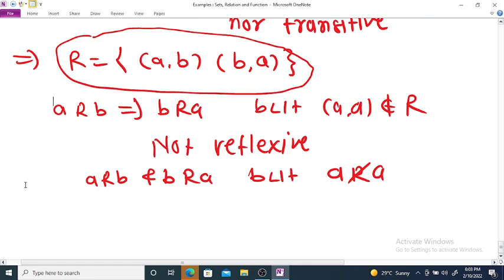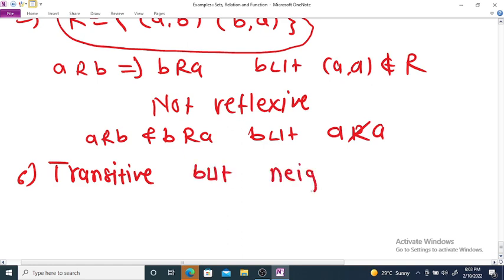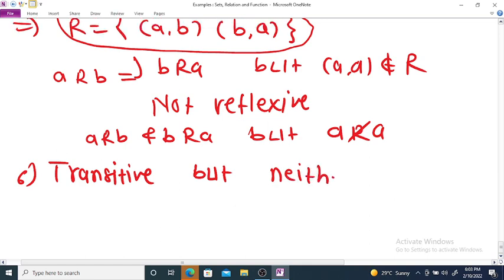The next example, number 6: transitive but neither reflexive nor symmetric.